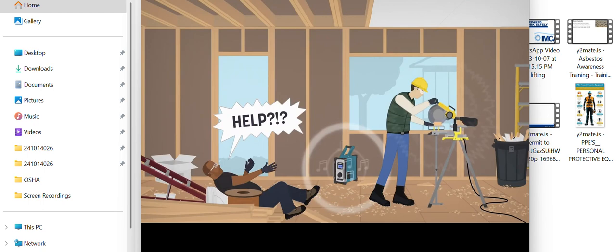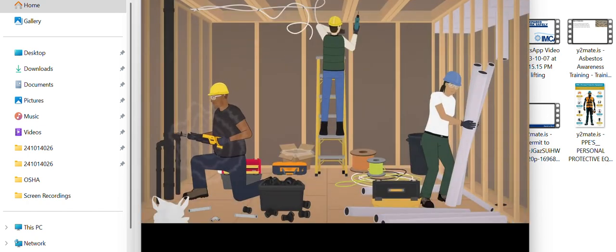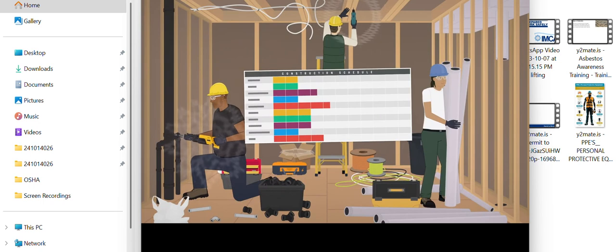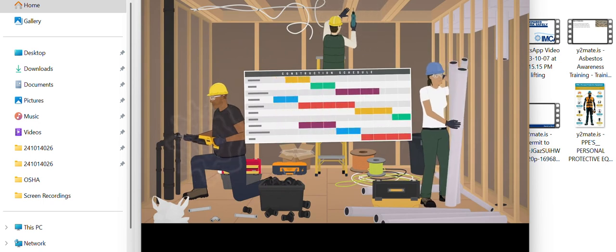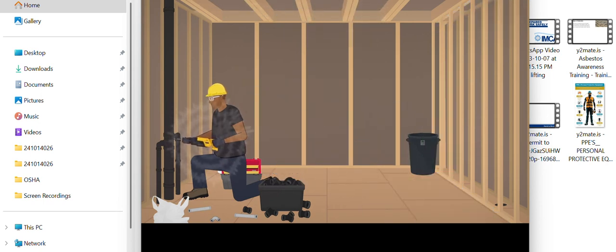The best way to protect yourself is to reduce noise at its source to a minimum or eliminate it altogether. Construction work schedules should be properly planned so that you can avoid having too many trades on site at the same time. This way, you don't end up with added noise in the same place.